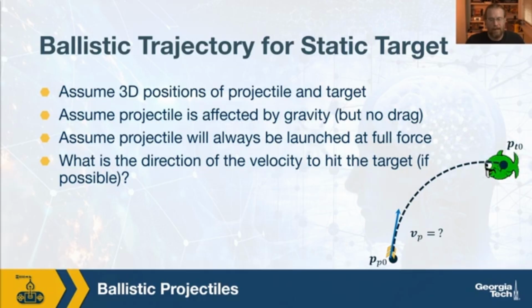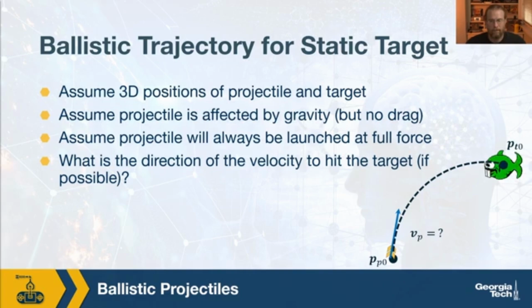Our projectile's launch position is in 3D, the projectile is going to move in 3D, and then we're trying to hit a target, but this target is not going to be moving. And the projectile, again, is affected by gravity, but we're not going to support drag. So it's just particle dynamics without drag.